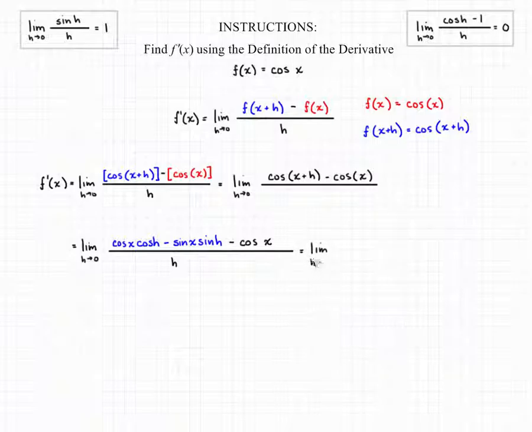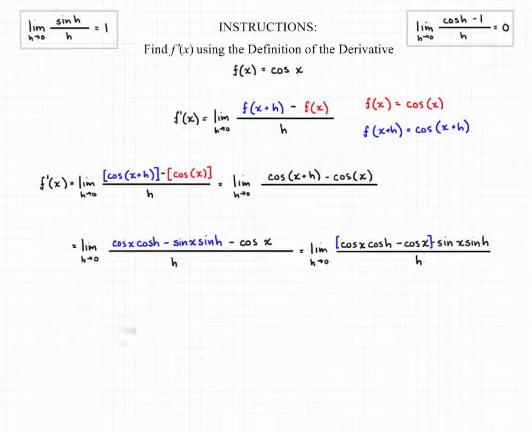We're going to group together the terms in the numerator that contain the cosine of x. So we'll have the cosine of x times the cosine of h minus the cosine of x, minus the sine of x times the sine of h, all over h.